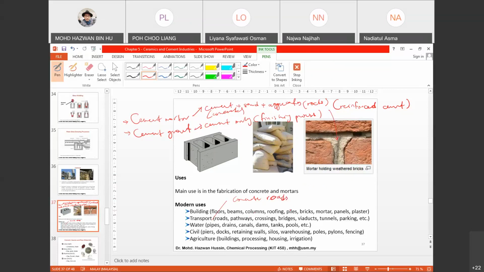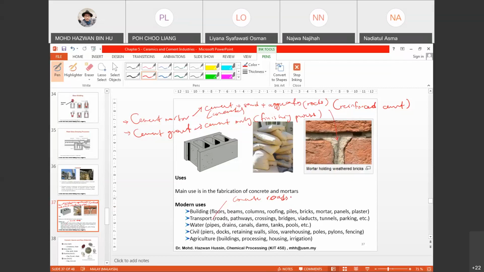Probably you will notice this if you go to any highway, approaching the exit, the toll plaza, you will see that the road is actually made from concrete. So it is not really like a bitumen or pavement road.